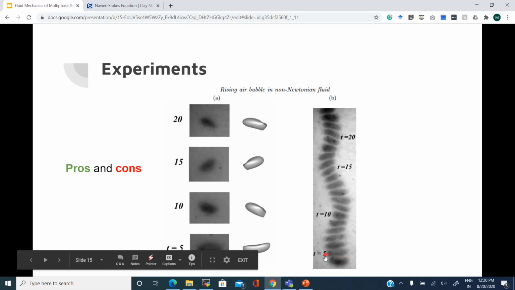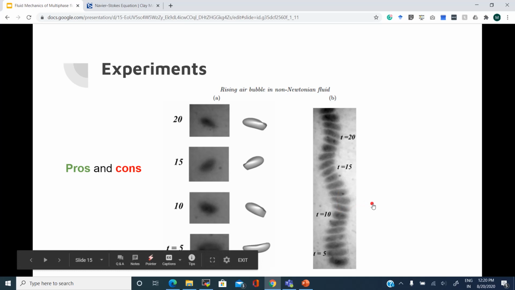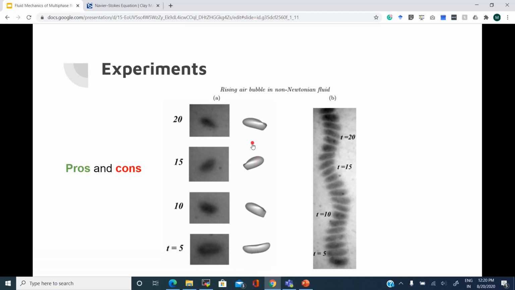You can see that the bubble boundary is not clearly visible, and also in experiments you cannot see the 3D shape of the bubble entirely. You can see only from one point of view, or two or three points of view. And this A column shows the numerical simulations that have been carried out on a computer using the fluid flow equations for the same case.